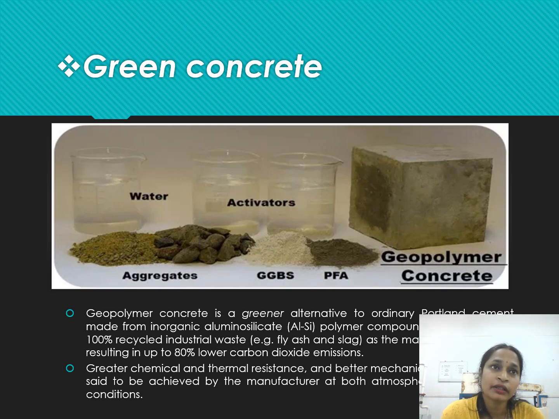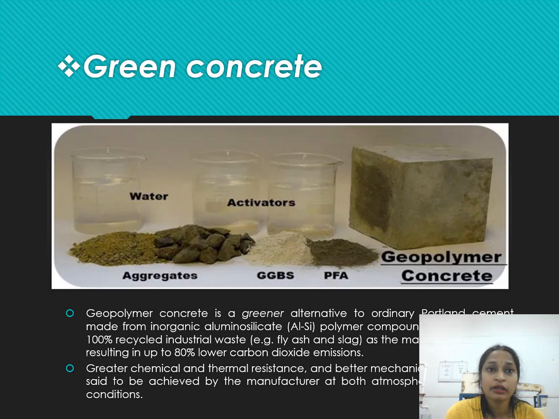And one more thing, the limestone is getting depleted day by day because that is a non-renewable resource. So for this problem, we have to envisage new alternatives to lessen our dependency on limestone, number one.